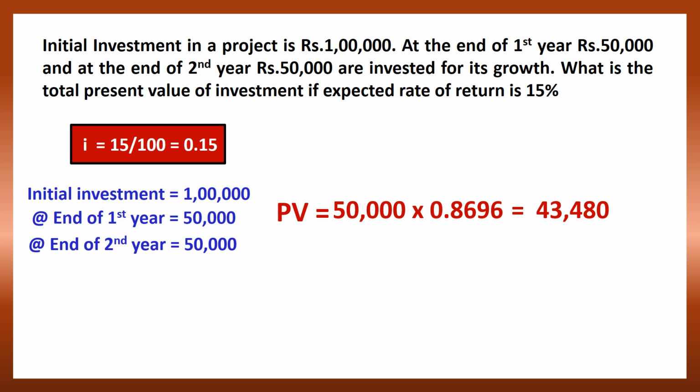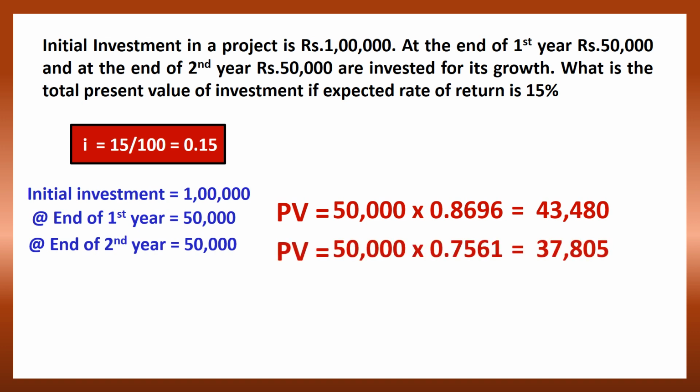The value in the 15 percentage column for the second row is 0.7561. So 50,000 into 0.7561 is 37,805. So that is the present value of 50,000 invested at the end of second year.